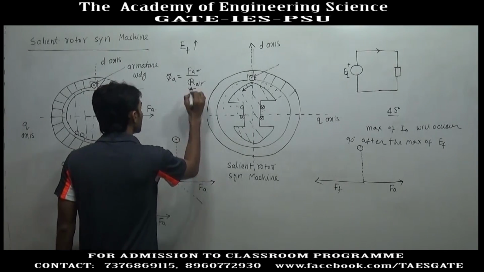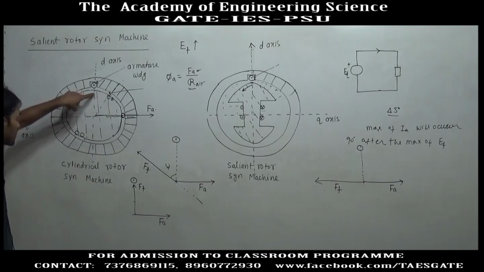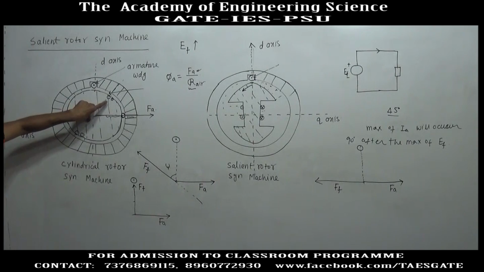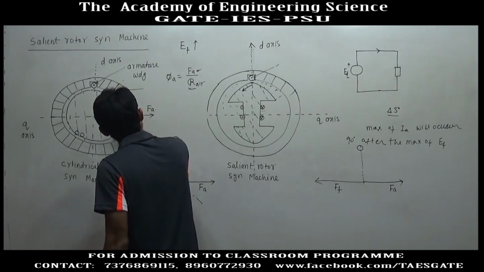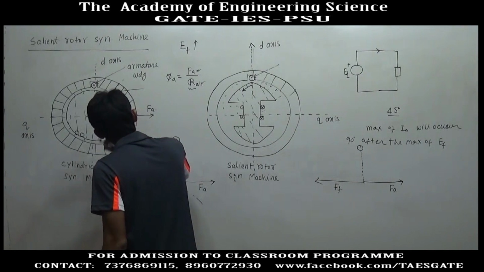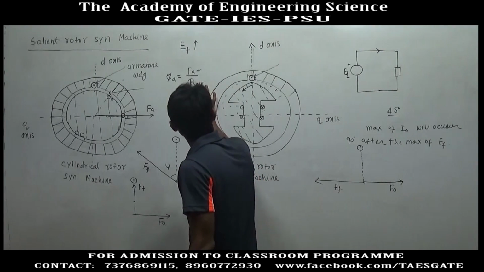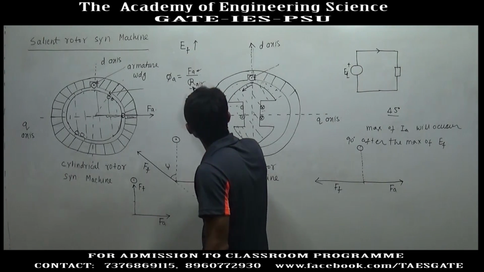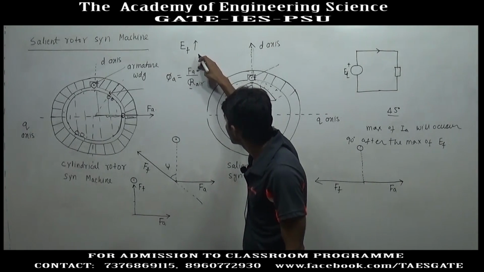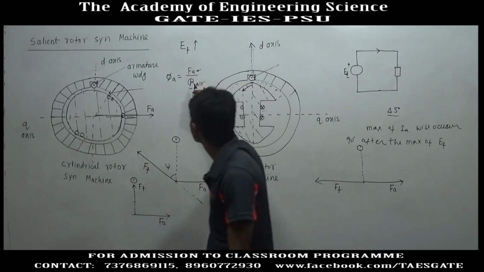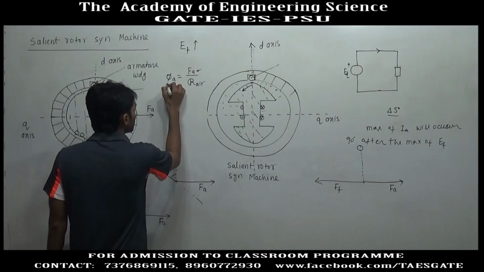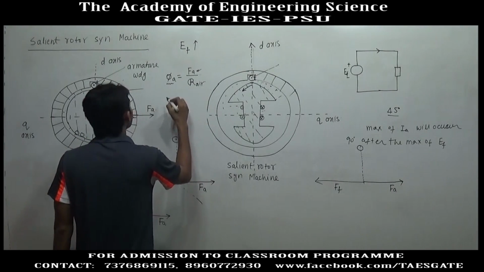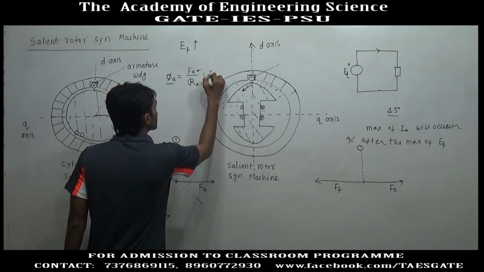So, the reluctance, irrespective of the orientation of the rotor position, does not matter by how much angle the rotor has rotated. The air gap in the path of the armature MMF is always fixed. So, the reluctance offered in the path of the armature MMF is always fixed. So, in a cylindrical rotor synchronous machine, the value of armature flux due to armature current is always fixed.